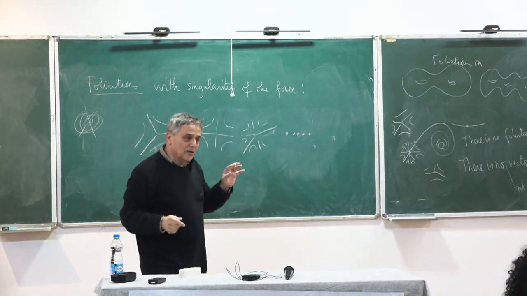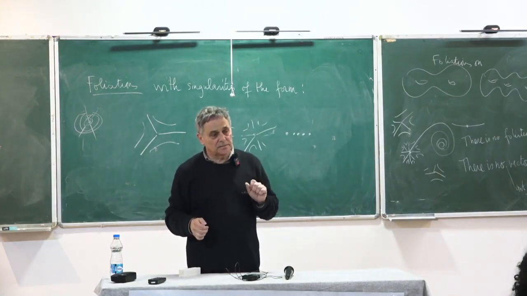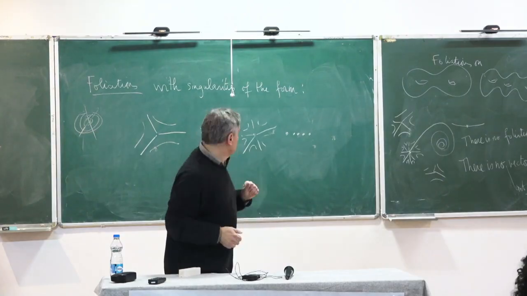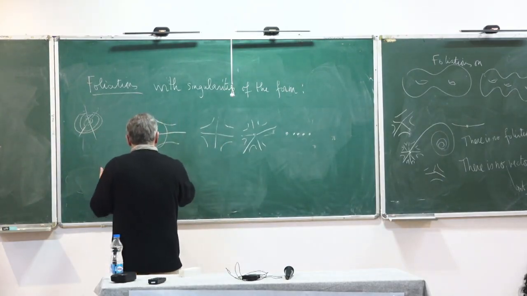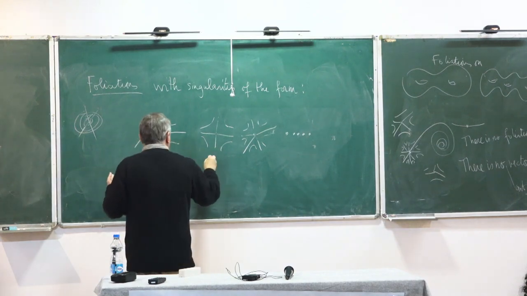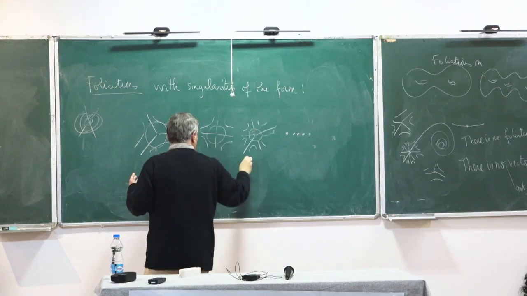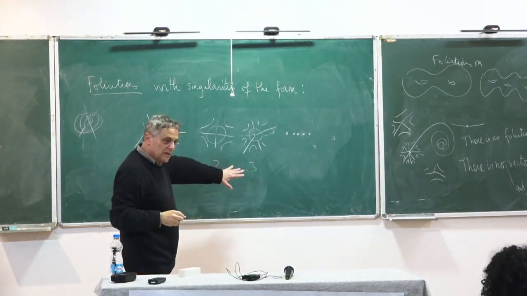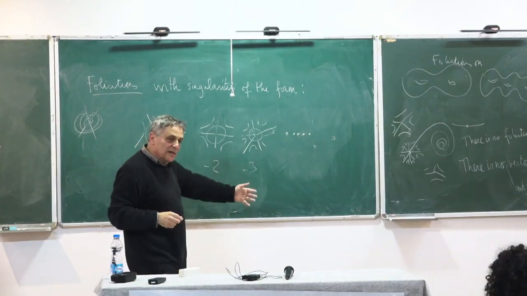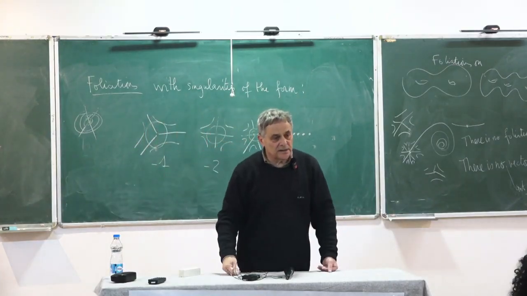And these numbers are all of the same sign. There's a number associated to this. Say this is -1. This is -2 because I have 4 separatrices. -3. I'm not saying that these are the exact numbers, but it's almost like this. And when you add all these numbers, you find the Euler characteristic of the surface. So it cannot be infinite.